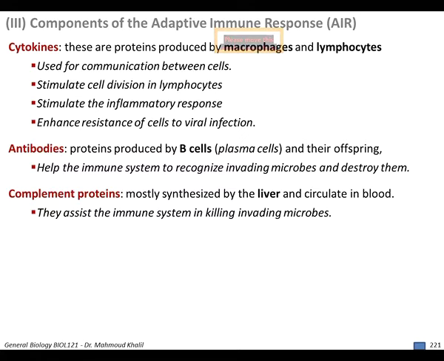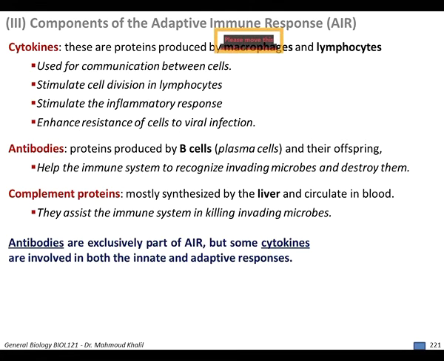The complement proteins are mostly synthesized by the liver, and they circulate in the blood and assist the immune system in killing invading microbes. You need to know that antibodies are exclusively part of the adaptive immune response, but some cytokines and complement proteins are involved in both the innate and adaptive immune response.